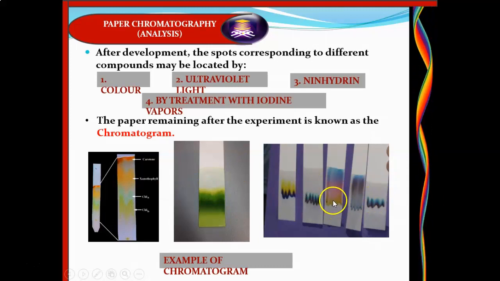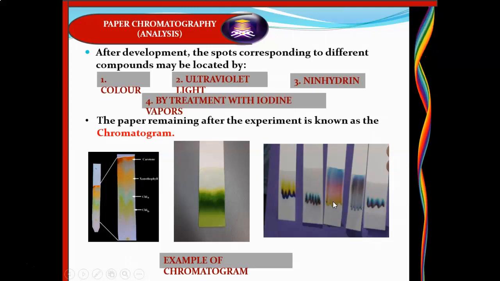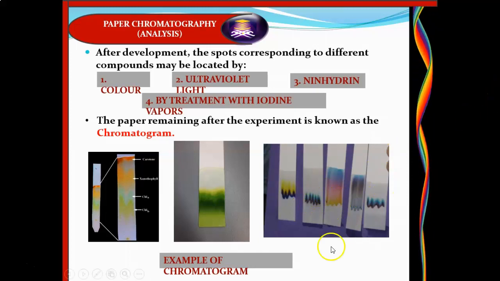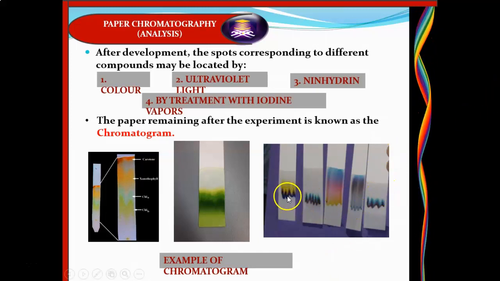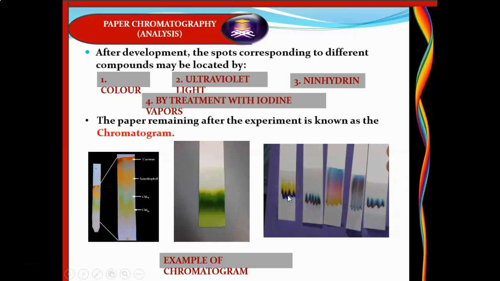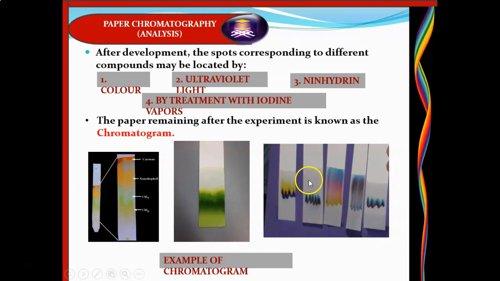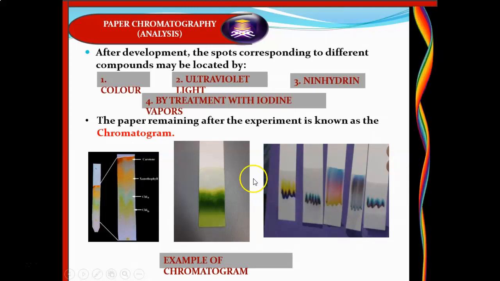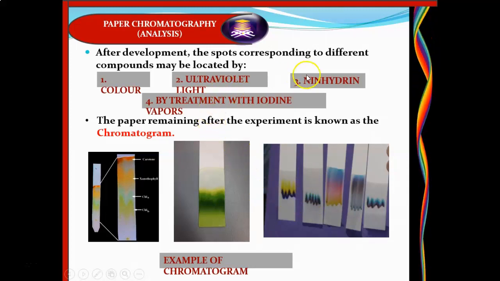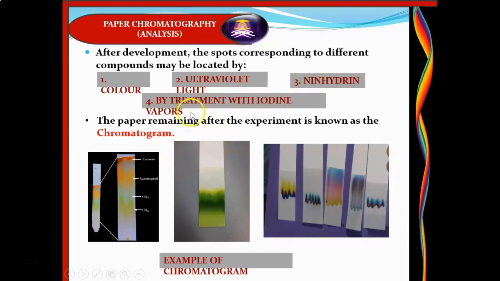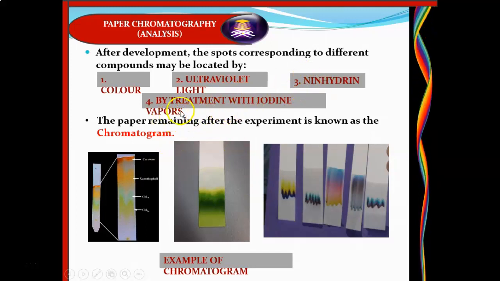Okay, first we can determine by looking at the color separation, right? We can clearly see that the spots can be differentiated based on the color. So kalau color ni still tak clear, you can observe through ultraviolet light, or you can also use ninhydrin solution and also treatment with iodine vapors, right?